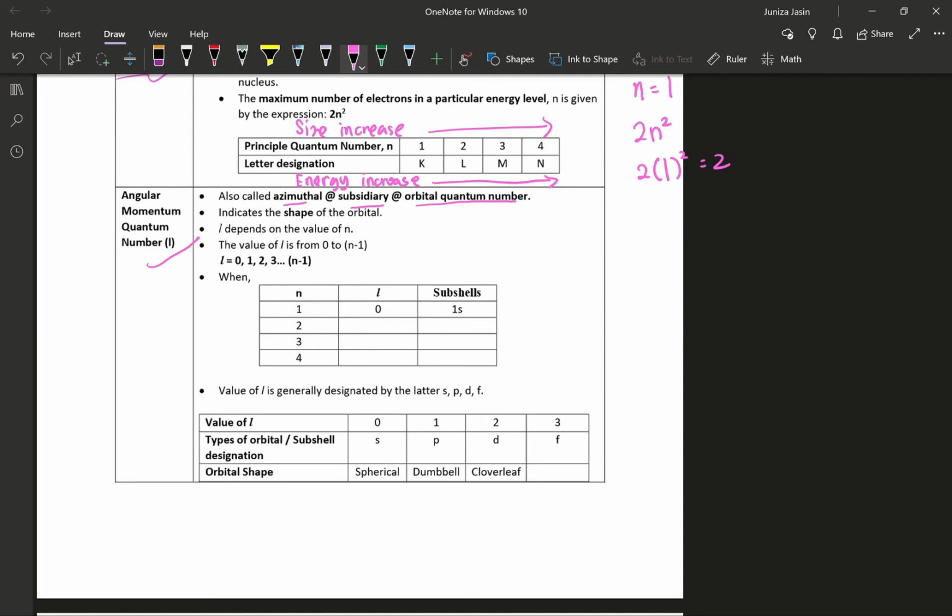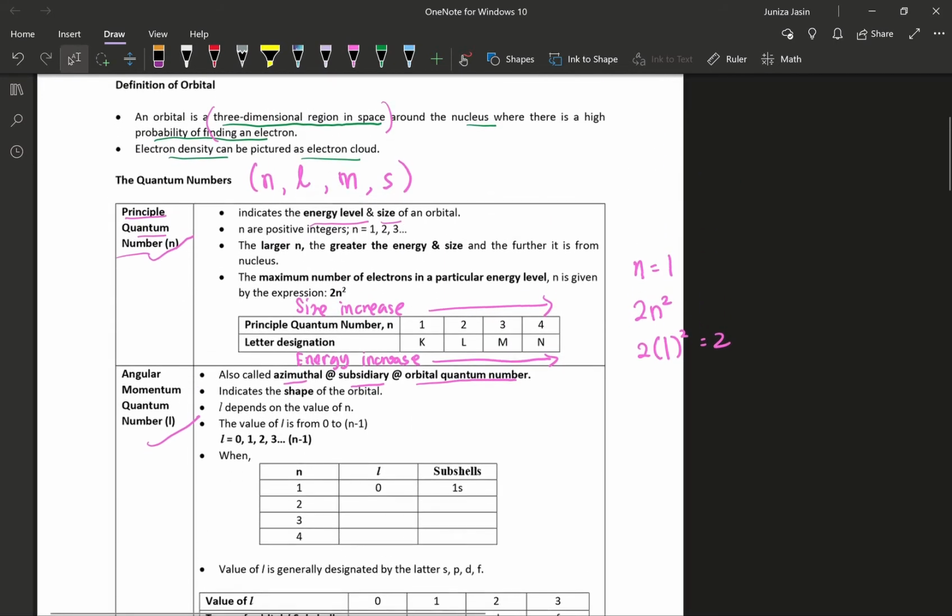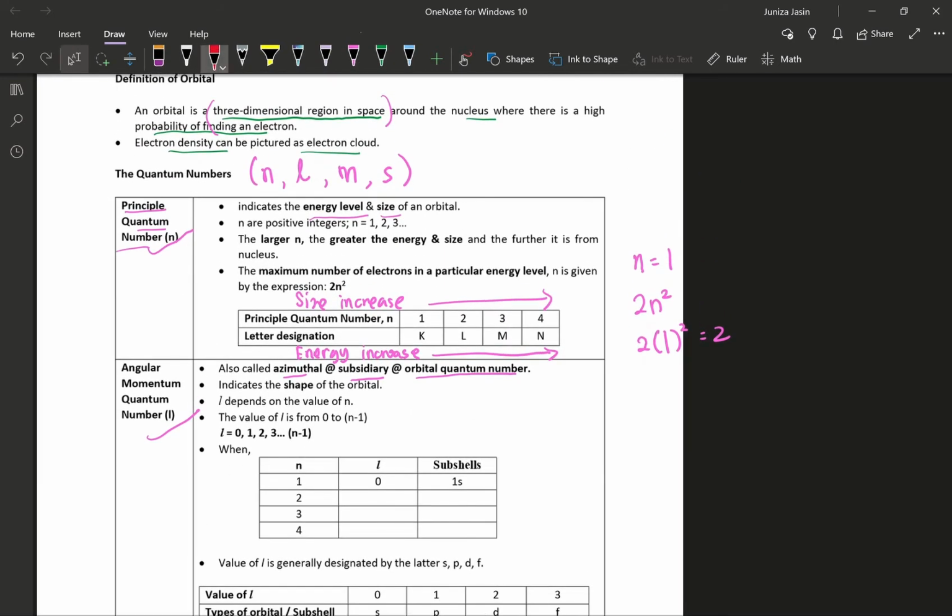Okay, kalau N indicate the energy level and size, but for angular momentum quantum number, it indicate the shape of the orbital. Okay, shape of orbital, type of orbital, semua akan ditentukan oleh nilai L. Okay, so the value of L here depend on the value of N.